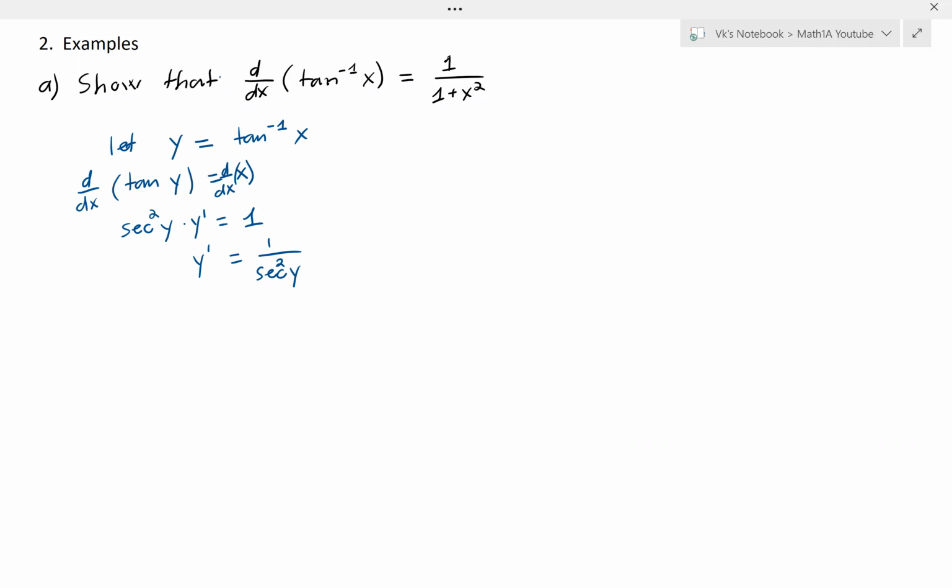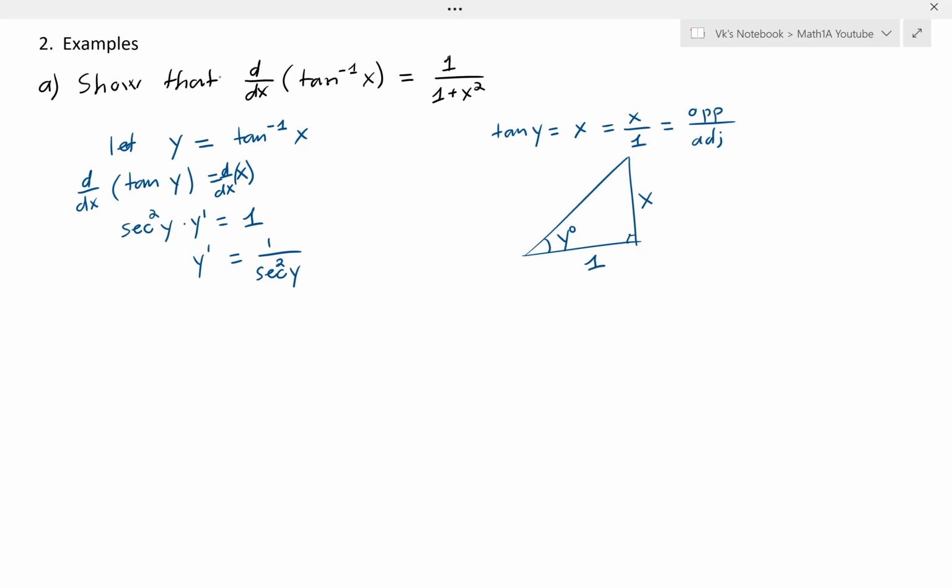Well, to figure out what is secant squared y, we know that tangent y is x, that is x over 1. So we have opposite over adjacent. I'm going to sketch a right triangle. Here comes the angle y. Opposite is x, adjacent is 1.